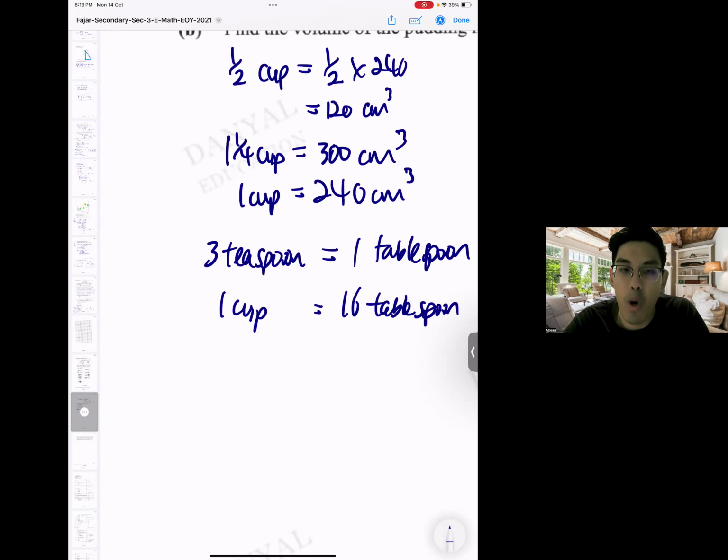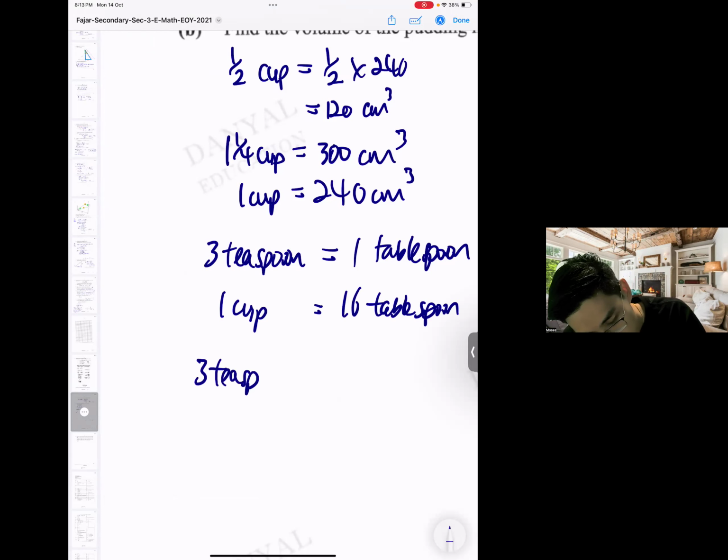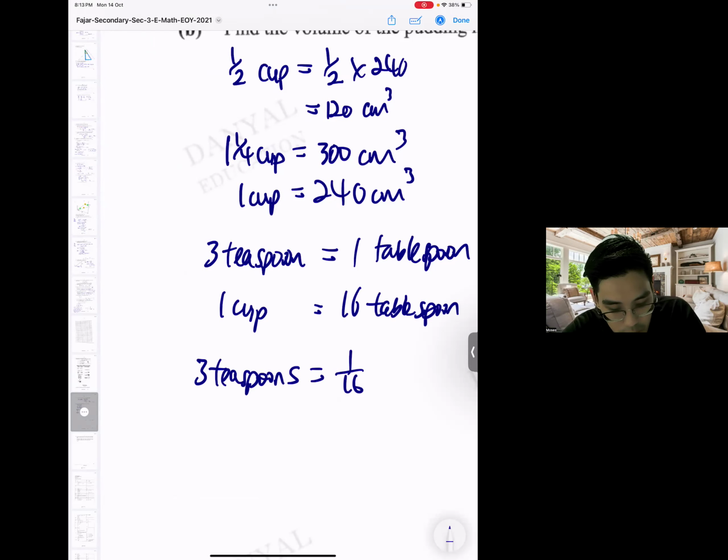So it's actually pretty small. We are seeing how many cups 3 teaspoons are worth. 3 teaspoons is 1 tablespoon, and 16 tablespoons is 1 cup. So 3 teaspoons is 1 out of 16 of a cup.